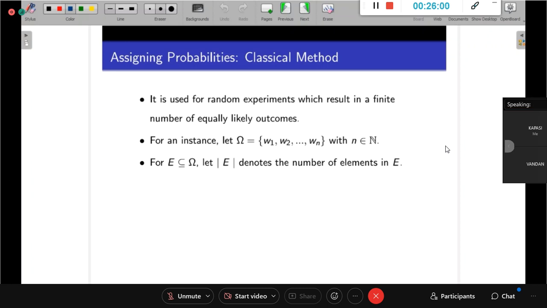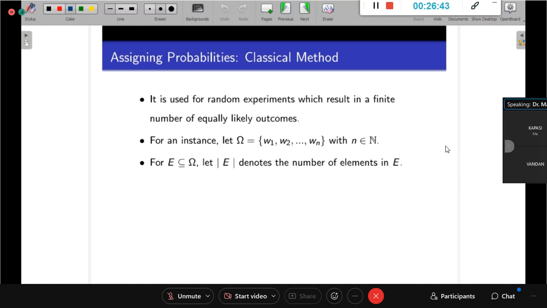Mutually exclusive, yes, of course you can say so whenever you have a random experiment where either you will flip a coin or you are rolling a die. Then the possible outcomes are head, tail, and so on. So flipping a coin and rolling a die, they are mutually exclusive.